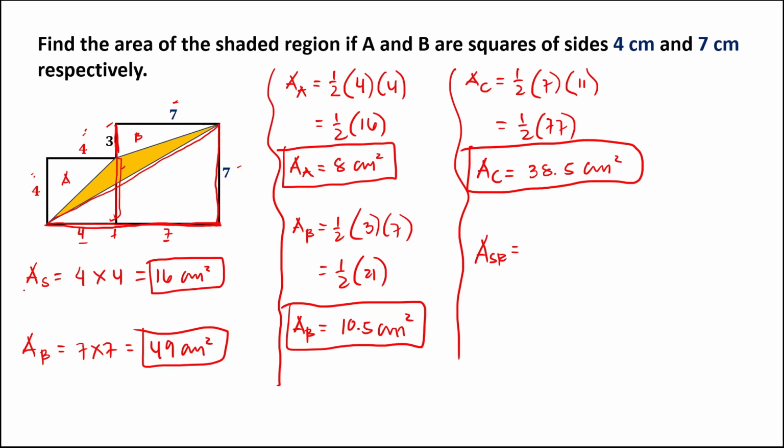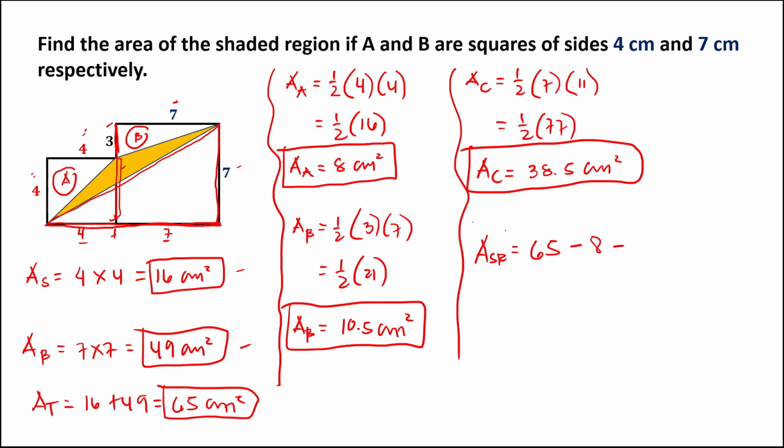Then from this, we can find now the area of the shaded region. From the area of these two squares, we have the total area is 16 plus 49. So this is equal to 65 centimeters squared. From this total area, minus the area of triangle A, that's 8, minus the area of triangle B, that's 10.5, minus the area of this triangle C, that's 38.5.